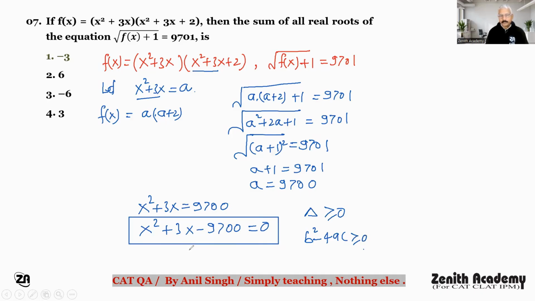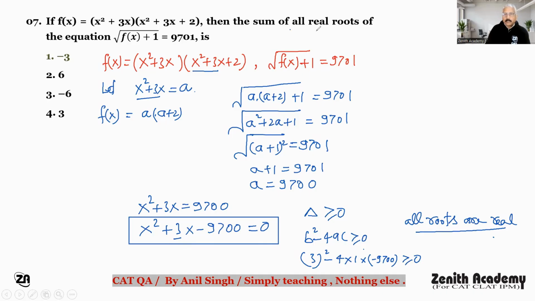So let us check it. b is 3, square, minus 4, a is 1 and c is minus 9700. So it is greater than or equal to 0. So all roots are real.